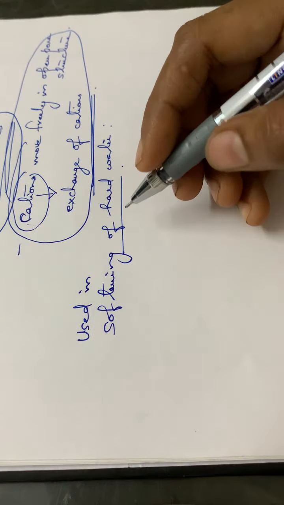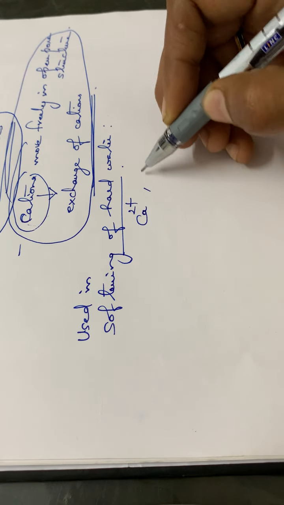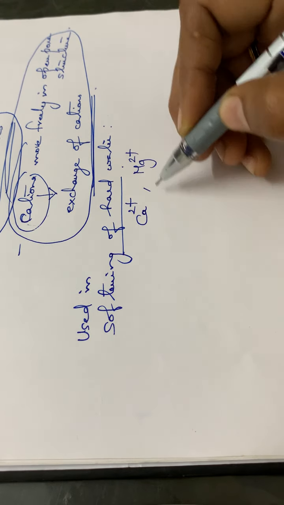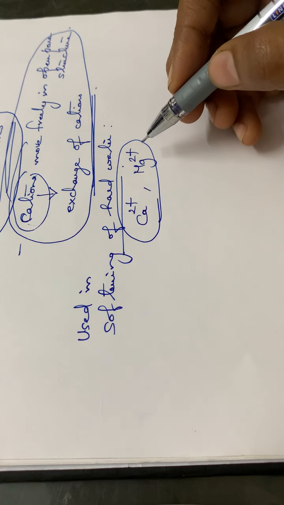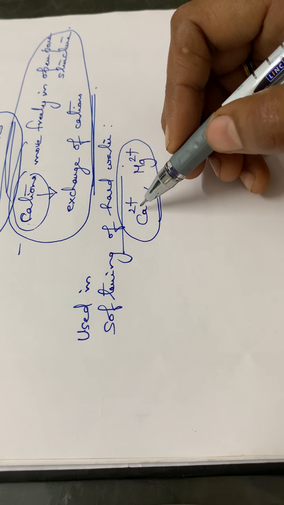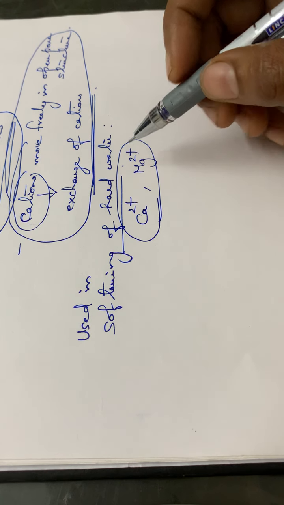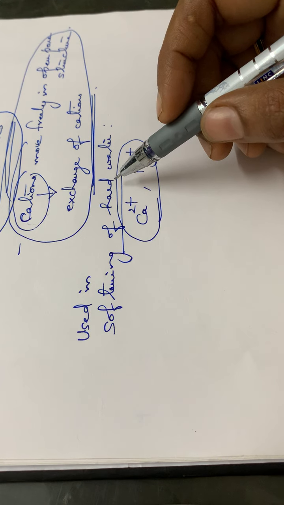Normally hard water has calcium ions as well as magnesium ions. The presence of these ions results in hard water, isn't it? So we have to remove these calcium or magnesium ions from the hard water. For that we are using zeolites.